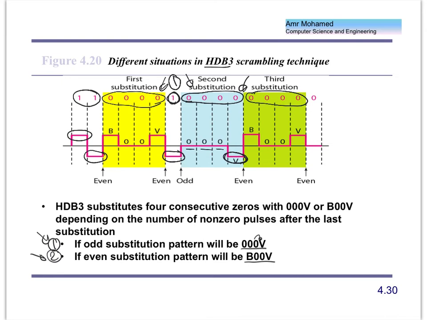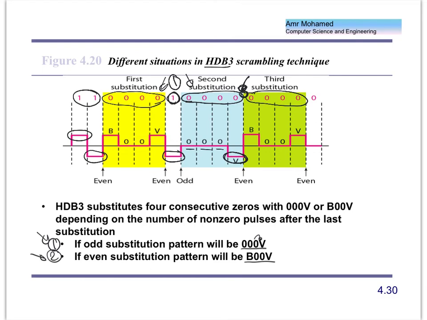Sulaiman, what is the number of ones before this substitution, ya Sulaiman? No, the number of ones before this substitution here. Here. What is the number of ones here? There are no ones.